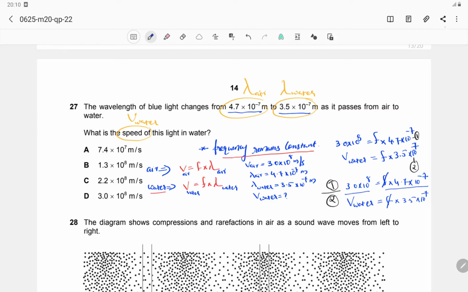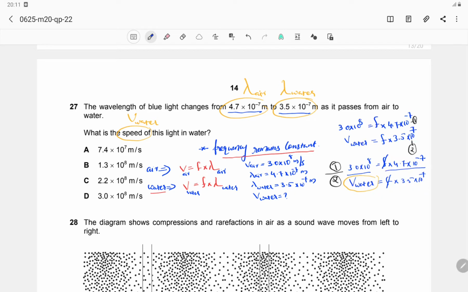Now look at the equation where the velocity of light in water is the only unknown. In order to find it, you just need to make it the subject of the equation. So you can rearrange the equation so that the velocity of light in water becomes the numerator.